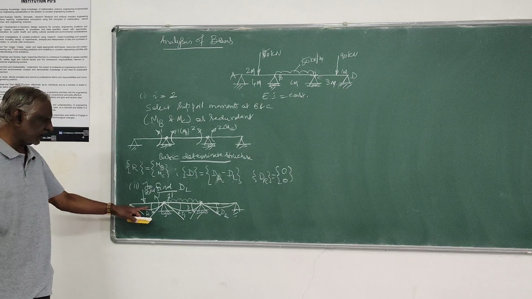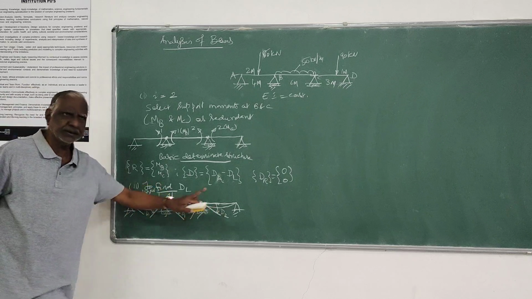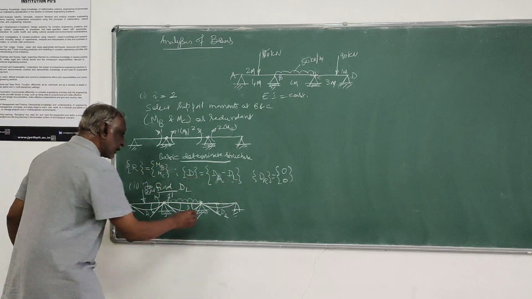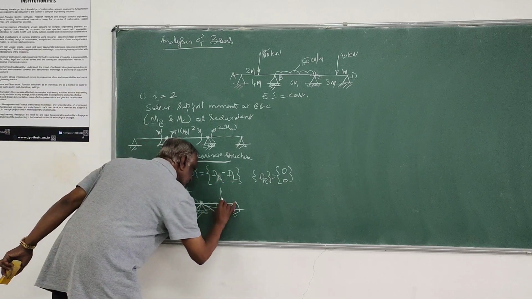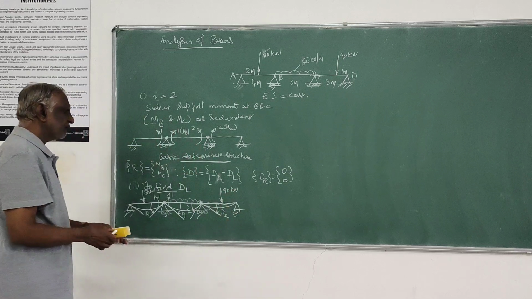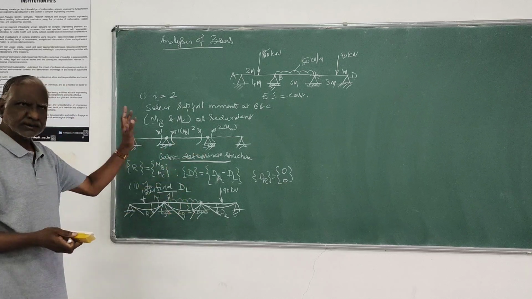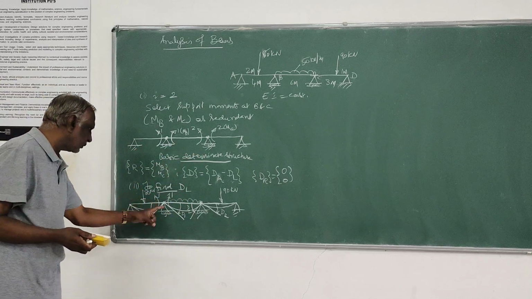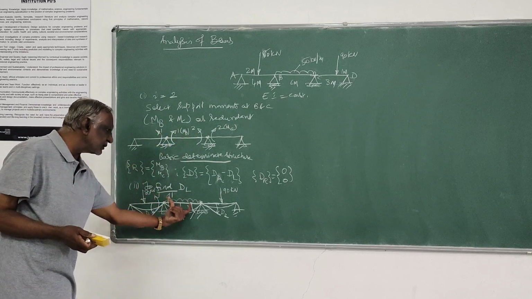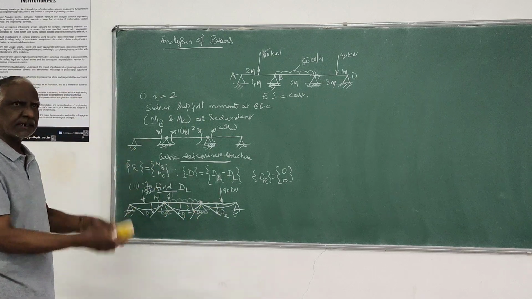So we have to evaluate this D1, D2, D2, and we have to evaluate that DL because of that. This you can easily work out from your usual conjugate beam method or area moment method, because now the moment you introduce, you release this moment, each of these spans becomes simply supported independently.